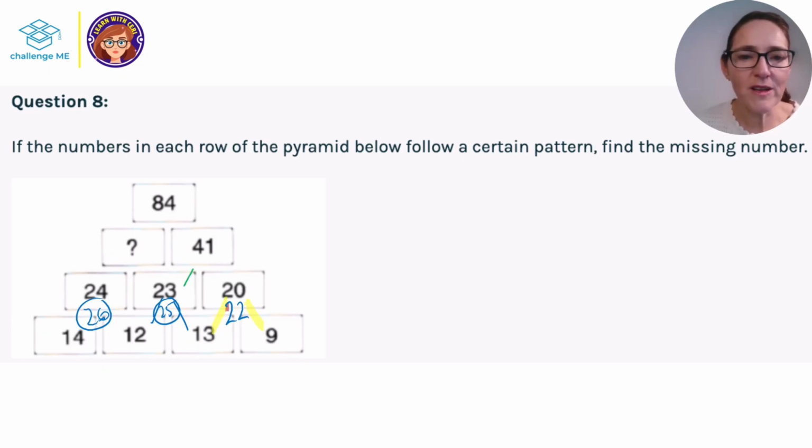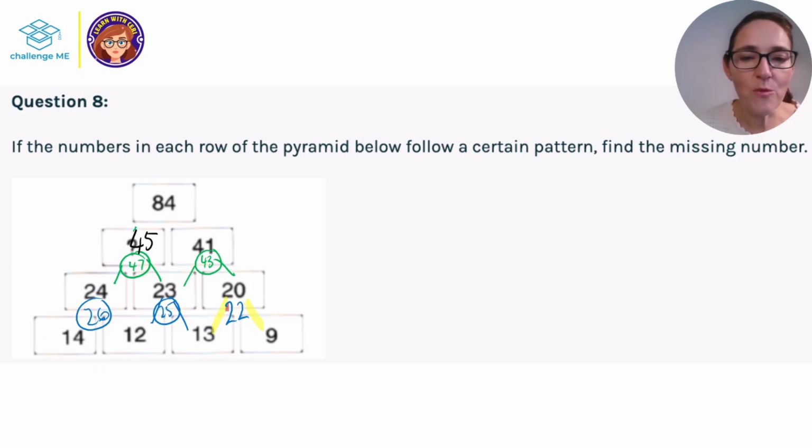Let's see if it works for the next row above. If we do 23 and 20, we get 43, which is 2 more than the number 41 that's in the box. If we do 24 and 23 together, we get 47. So using that, our next number should be 49. No, 2 less, 45.